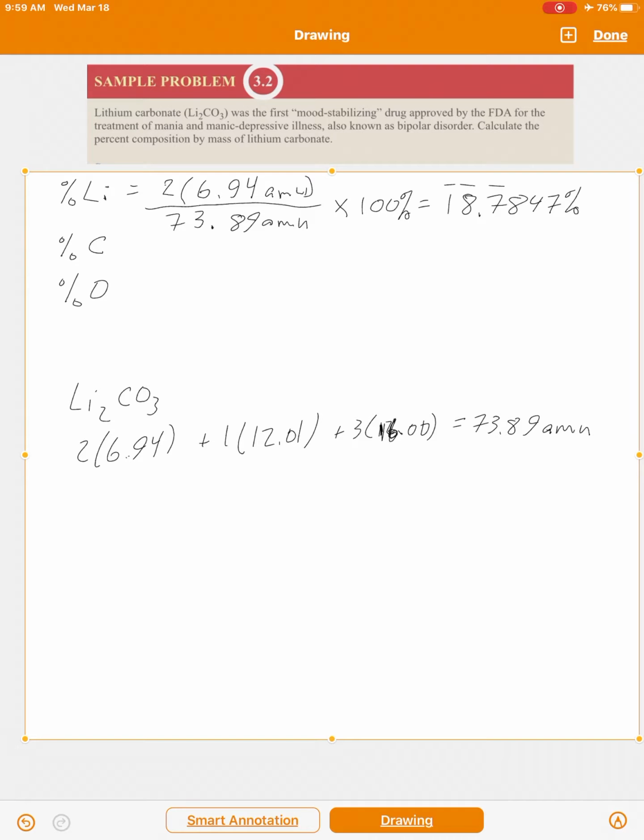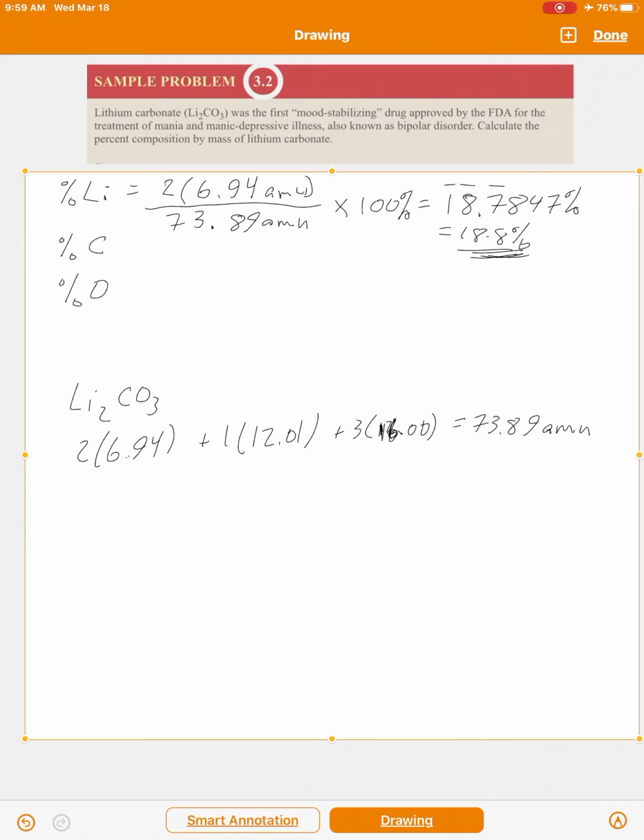This would be the third sig fig. The number that comes after it is 5 or greater. If it is 5 or greater, you round the 7 up. So if it were 18.73, you would round down and it would be 18.7. But since it's 18.78, the 8 is 5 or greater, you round up. So it becomes 18.8%. And there's our percent by mass lithium.